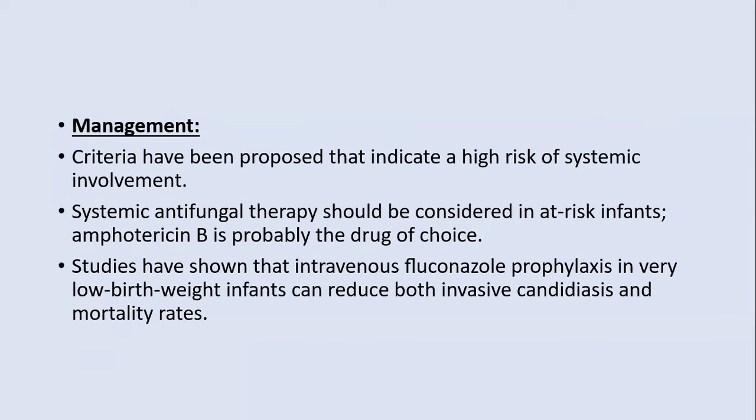Criteria have been proposed that indicate high risk of systemic involvement, and in all such cases, systemic antifungal therapy should be considered, and amphotericin B is probably the drug of choice. Studies have also shown the role of intravenous fluconazole prophylaxis in very low birth weight infants, which can reduce the chances of invasive candida.